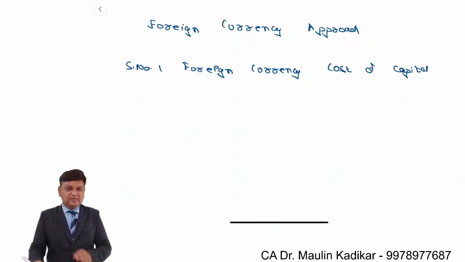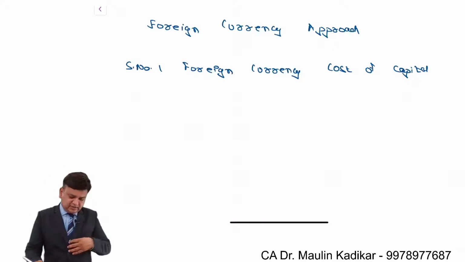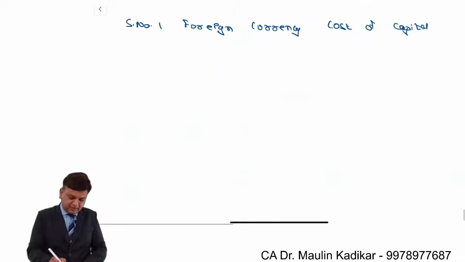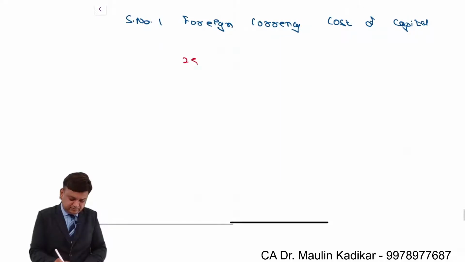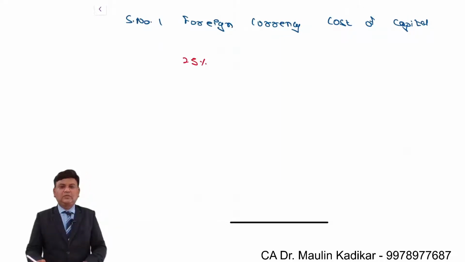Friends, over here we understand that the foreign currency cost of capital is 25%. The exchange rate is going to remain same. So in that case, we understand logically that the interest rate of both the currencies would be same. Inflation rate of both currencies would be same. So foreign currency adjusted cost of capital would be 25%.